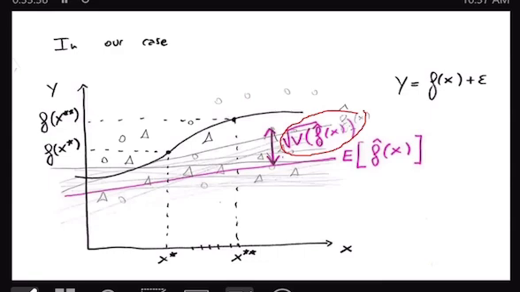Then we can test whether there's a problem of high bias by comparing the expected value of the estimator with the true value. And we can also investigate the fluctuations of the prediction from different models. If they fluctuate greatly, of course, that will lead to high variance.